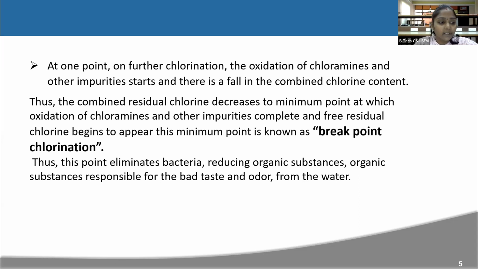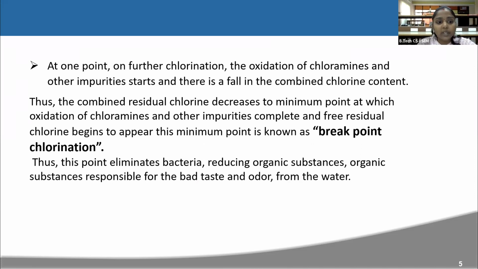So what happens after breakpoint of chlorination? What happens when more chlorine is added? Past the breakpoint, the chlorine reacts with water in proportion to the amount of chlorine added.